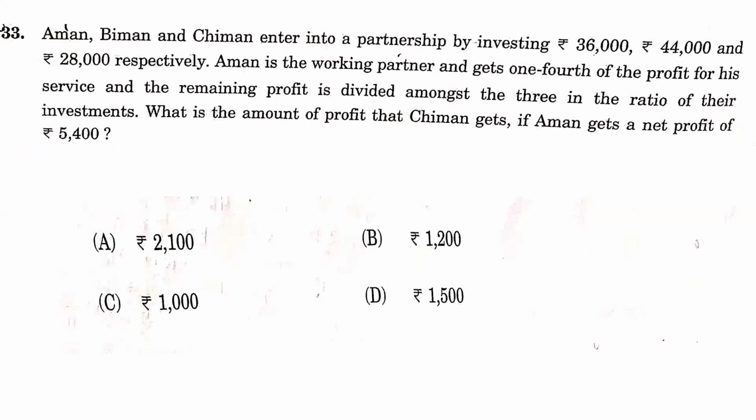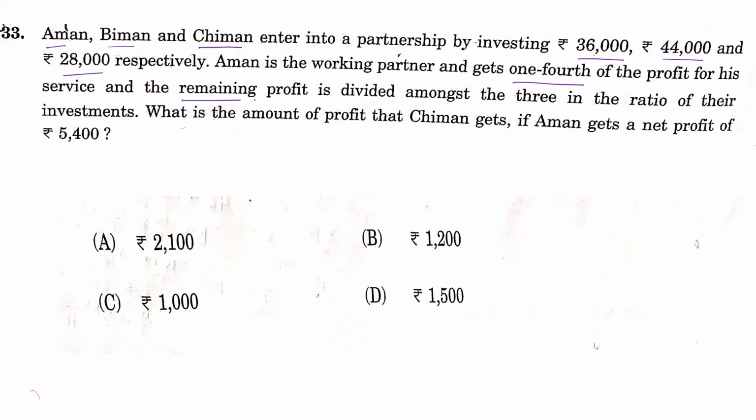So moving on to the next question. Read here. Aman, Biman and Chiman enter into a partnership by investing 36,000, 44,000 and 28,000 respectively. Aman is the working partner and gets 1/4 of the profit for his service and the remaining profit is divided amongst the three.